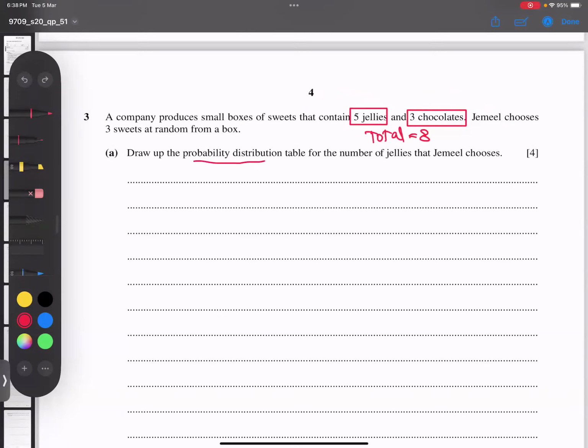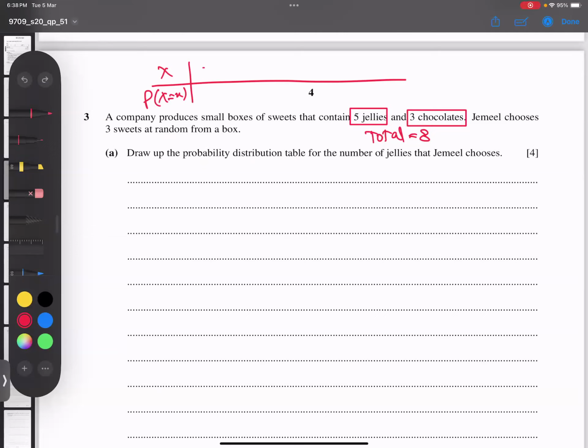So we have to make a probability distribution table, and the number of jellies is our concern. Naturally he picks 3 sweets, so we have options. Let me give a rough idea. X may be 0 jellies, because chocolates are 3, so maybe all 3 chocolates come.